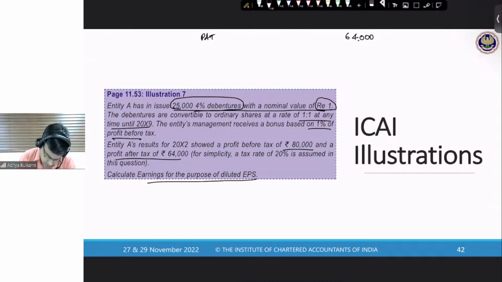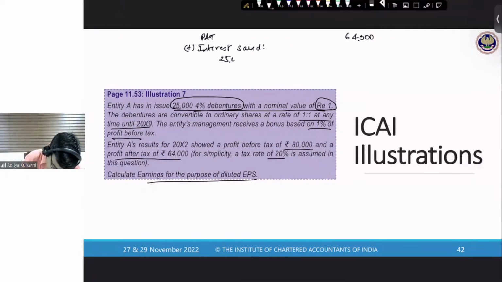The tax rate is 20%. So if I convert, what is the first thing that will be saved? The first thing that will be saved is your interest. So add interest saved. How do I calculate?